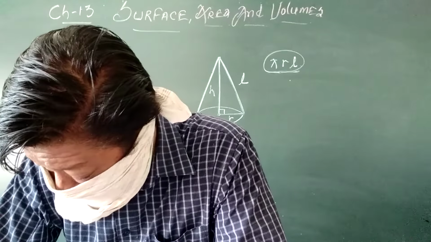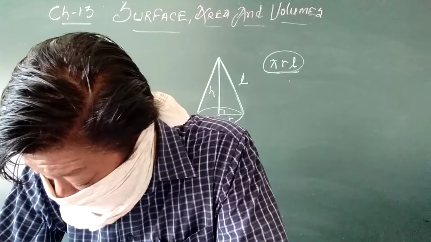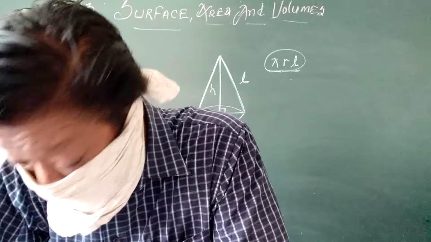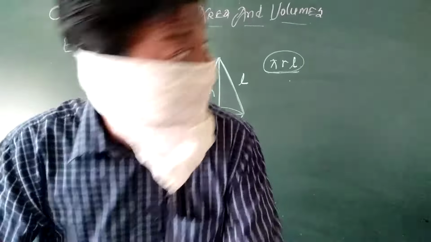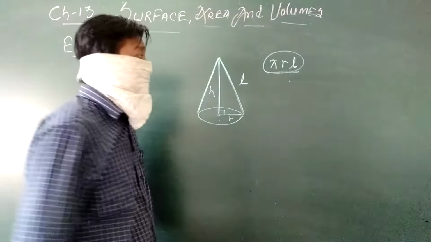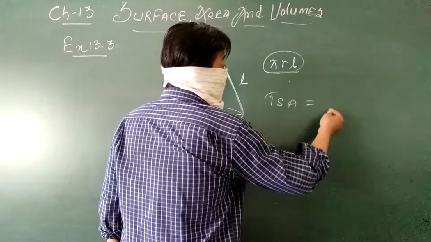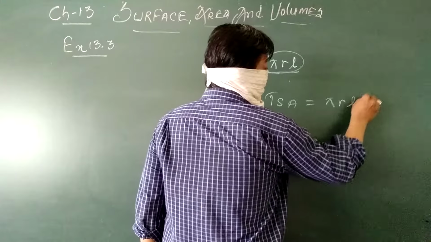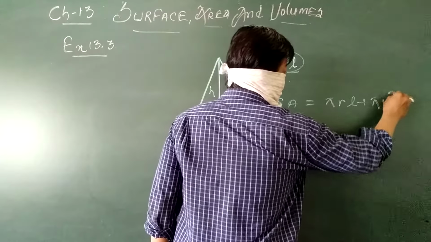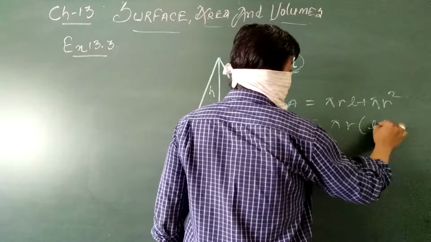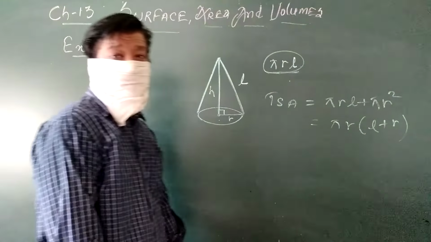find the total surface area of the cone if the slant height is 21 meter and the diameter of its base is 24. Again, you have to find the total surface area. The formula for the total surface area is pi r L plus pi r square. You can take pi r common, and the remaining quantity is L plus r.